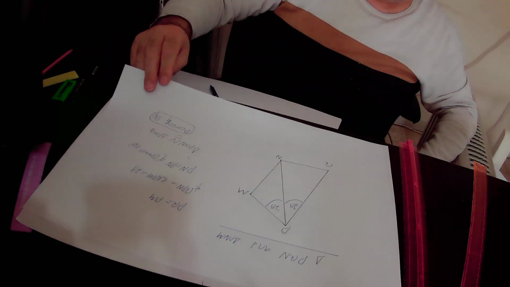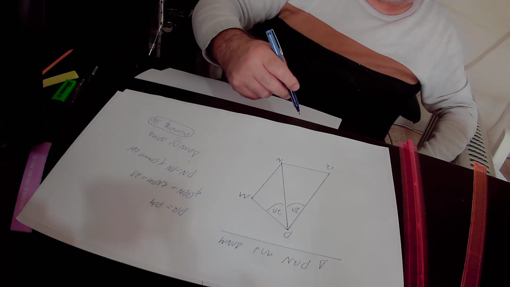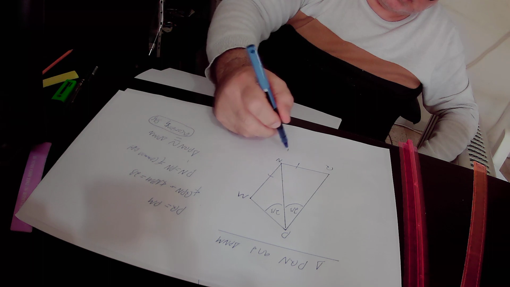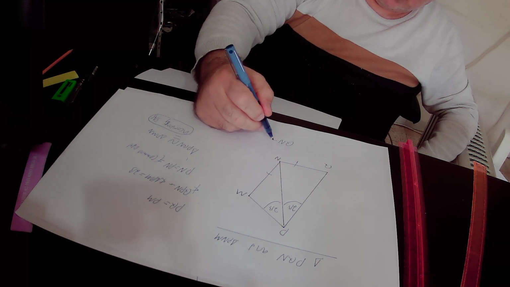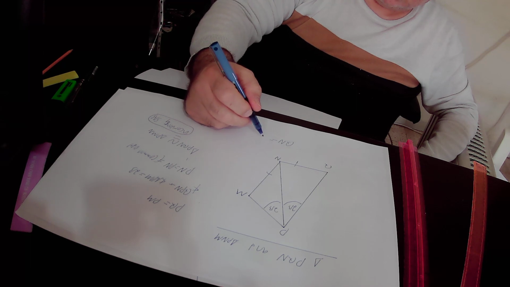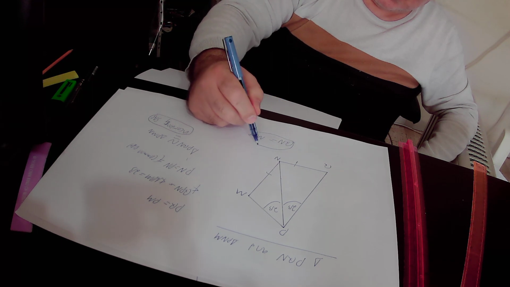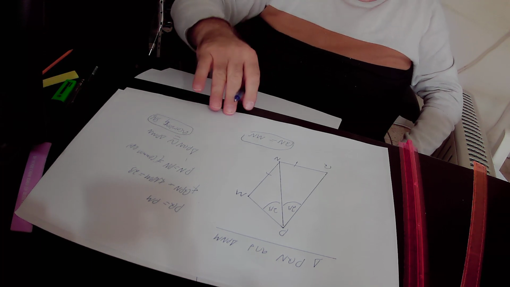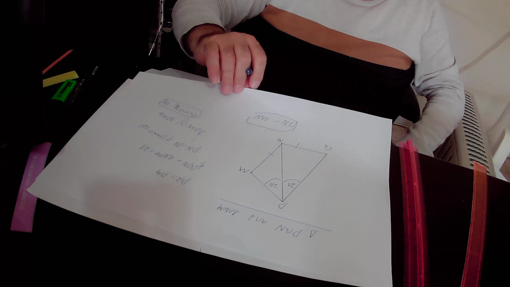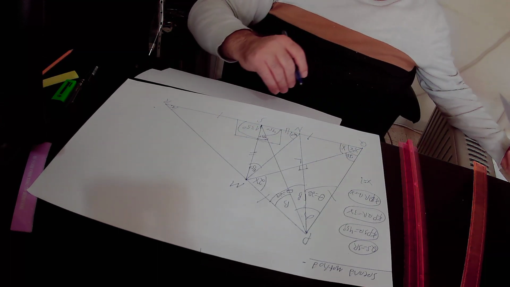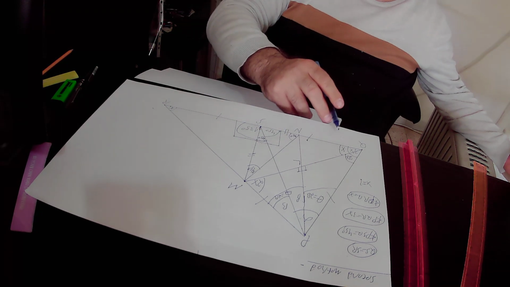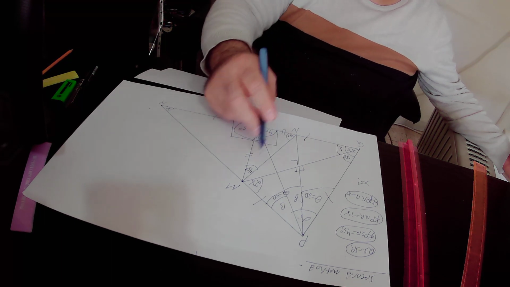And from the fact that those two triangles can go into each other, we conclude that QN equals MN.